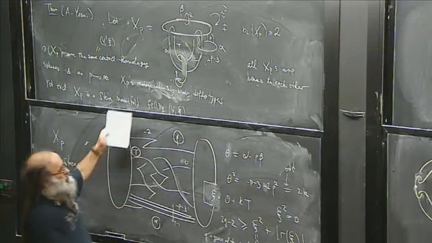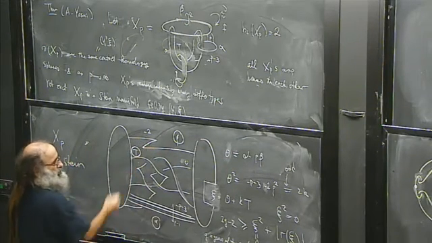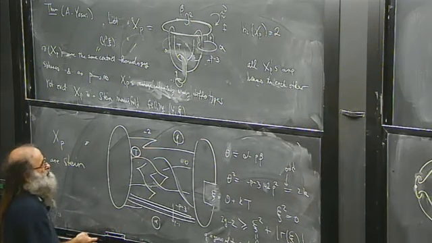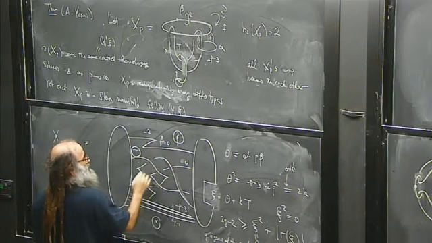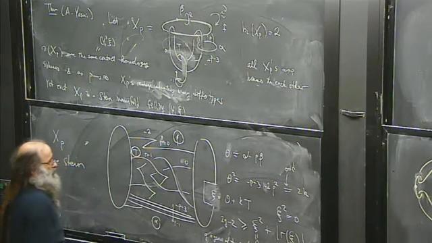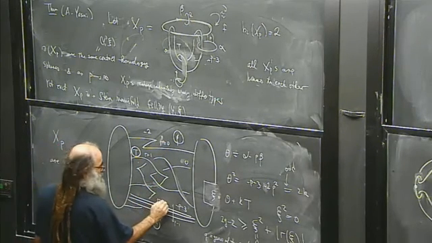The rotation number of this we can very easily calculate. This is 1. This is 0. So R is here 0. This is 1. And this is 1. This is 1.